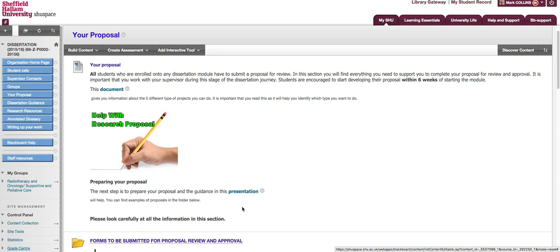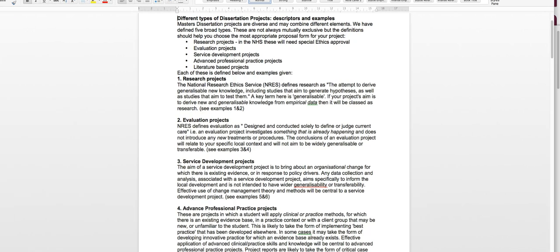One thing I would like to point out to you is this document here at the top of the page. I'm just going to bring that up, and this is really key in terms of developing your ideas. I think it's important early on to get an idea of where your project falls under this list, because this will really influence the level of ethical approval you will need, and it may impact on you deciding a number of different factors within your project.